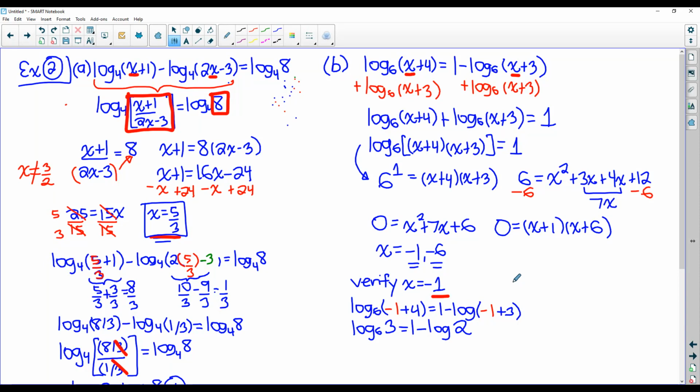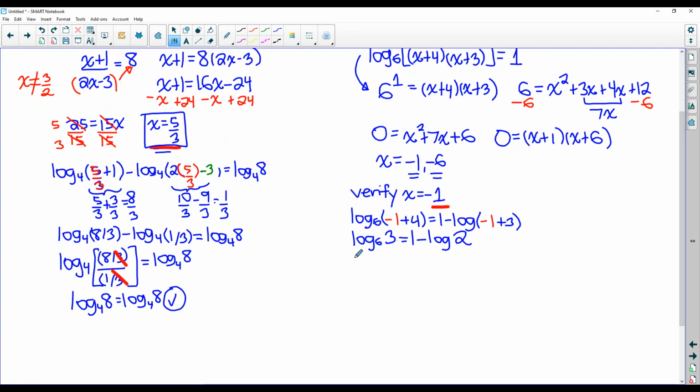Now it's just a matter of showing that both sides of the equation are the same. You can just plug this into your calculator, using the change of base identity. So you can write this as log 3 divided by log 6, and that would be equal to 1 minus, this log has a base of 6 as well, so 1 minus log 2 over log 6.